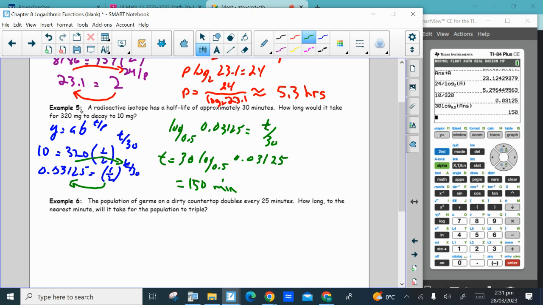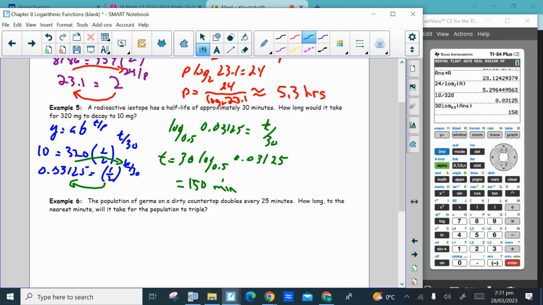Let me do this again. I went from 320 down to 160 after 30. After 60, you'll be at 80. After 90, you'll be at 40. After 120, you'll be at 20. And then at 150, you'll be at 10.